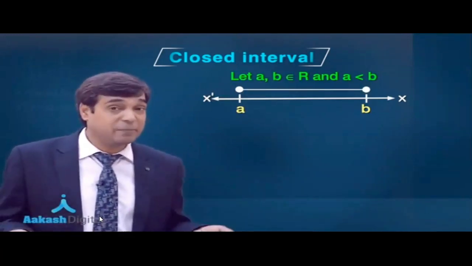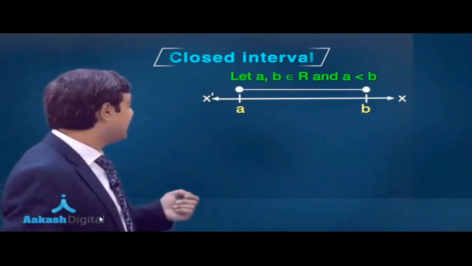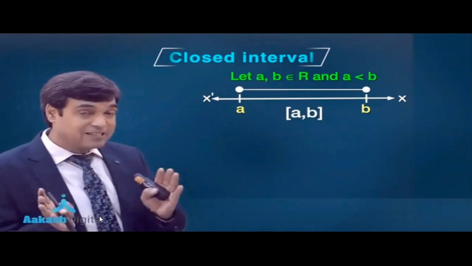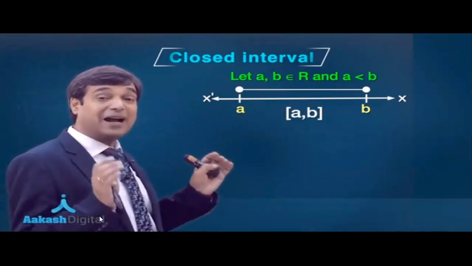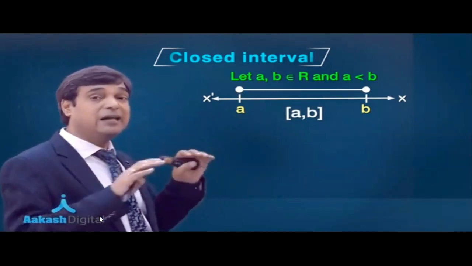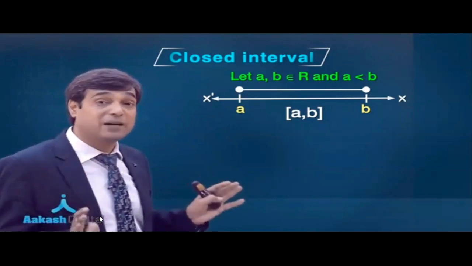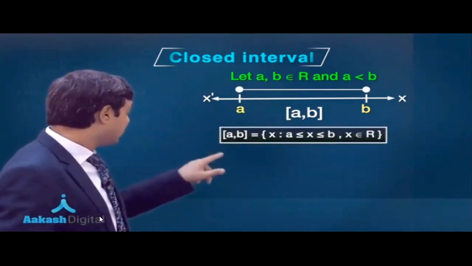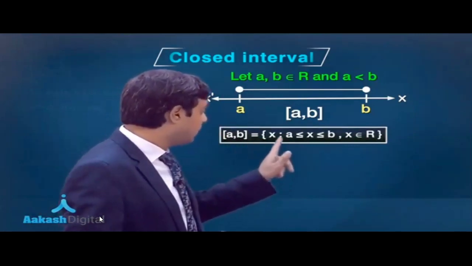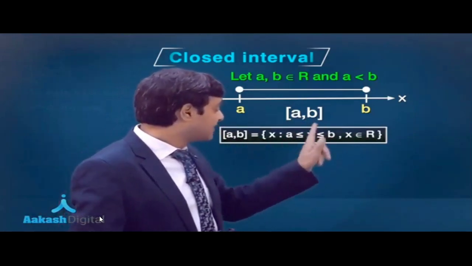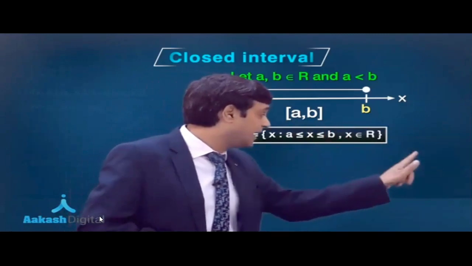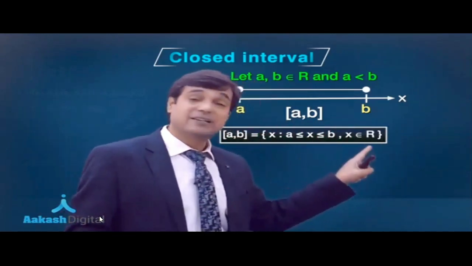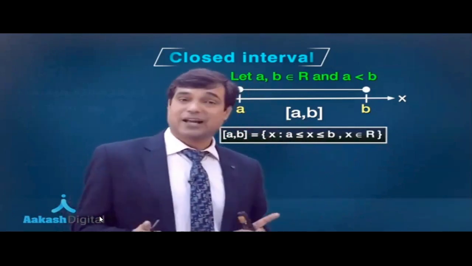It is represented in square brackets A comma B. So closed interval is including A and B and all points lying between them. It is equal to X such that X is lying between A and B, both included. You can see equality is also there at both endpoints.